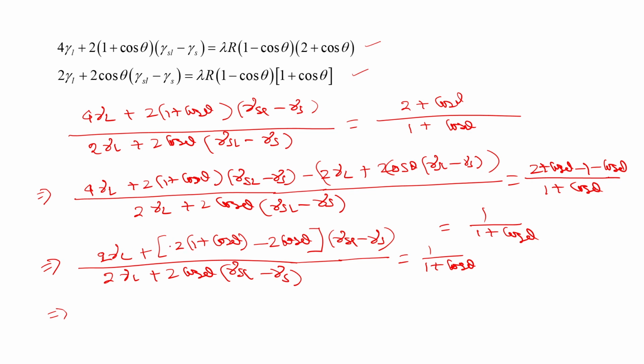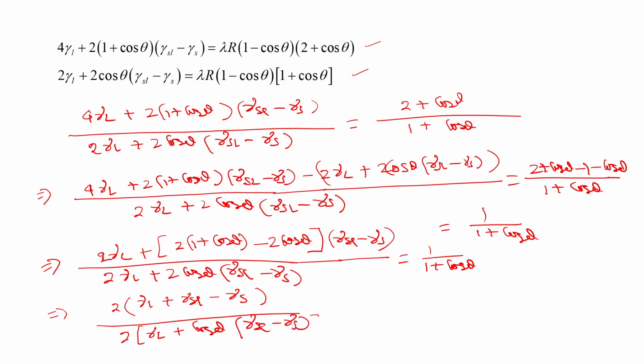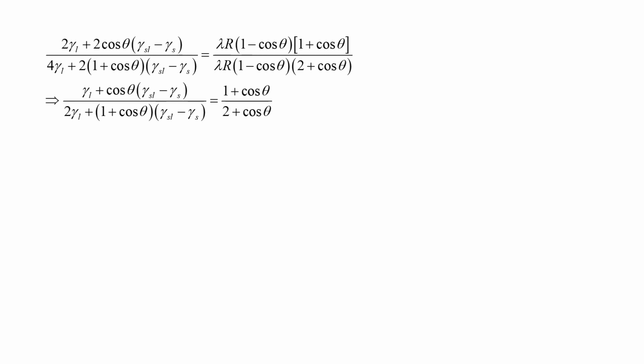I will have 2 into (gamma L plus gamma SL minus gamma S) divided by 2 into (gamma L plus cos theta into (gamma SL minus gamma S)) into (1 plus cos theta). So, we can now rearrange, this 2 gets cancelled here, and that is what we have done here.